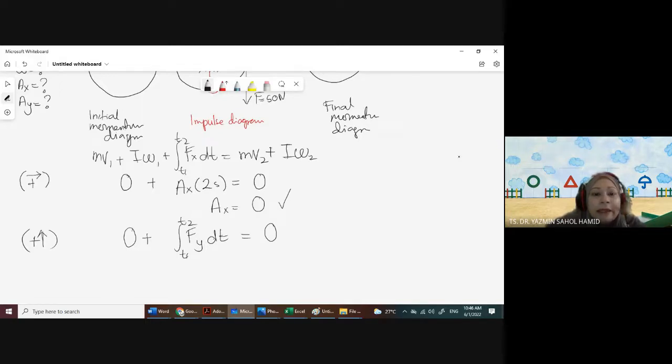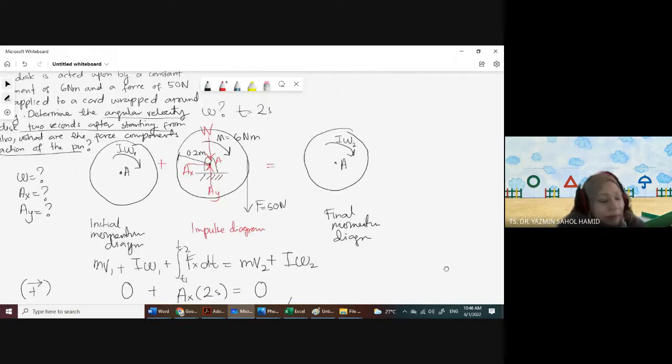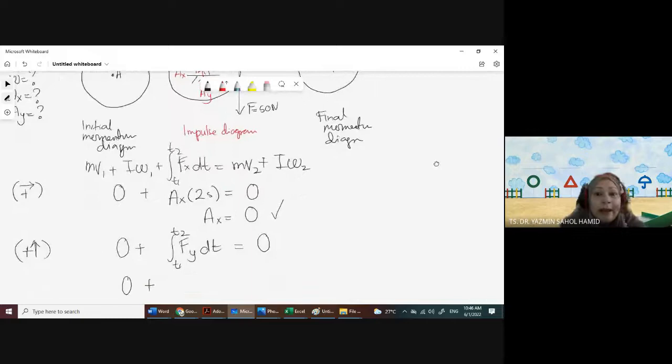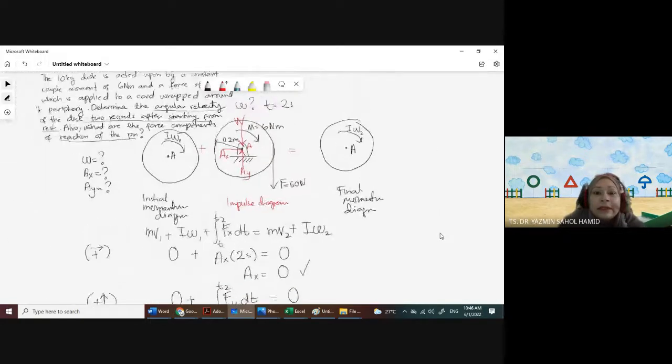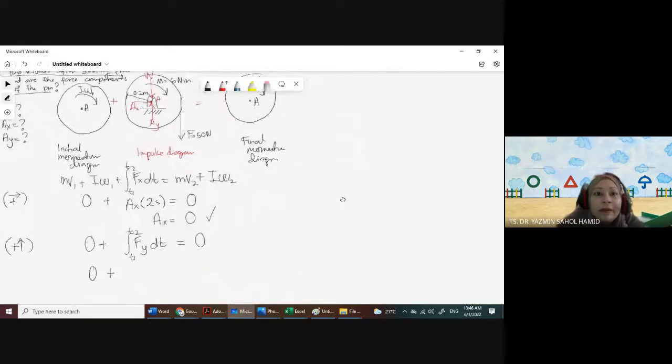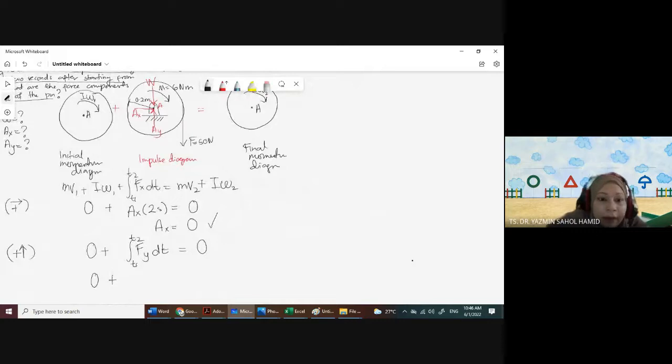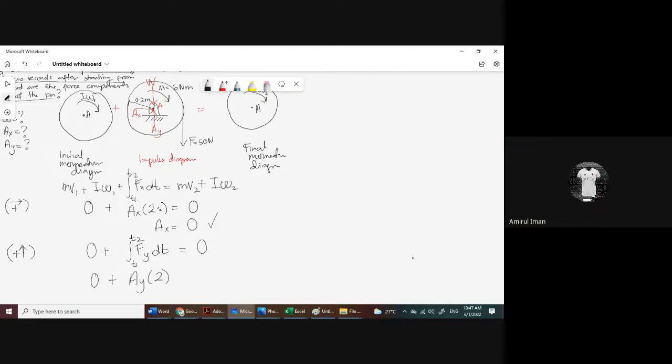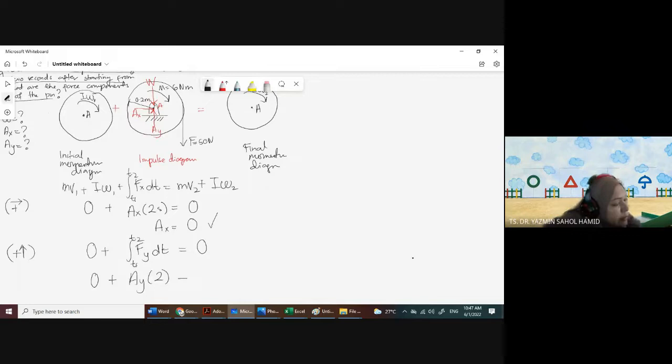Okay. So however for Fy dt kita ada kosong plus in Y direction. What do you have in Y direction? Tell me. You ada apa? AY lah. Betul tak? Let me kecilkan sikit diagram ni. What do you have? You have AY. AY kali dengan 2 seconds. Do you have anything else in the Y direction, guys? Ada tak? W. So, minus W 2 seconds also.